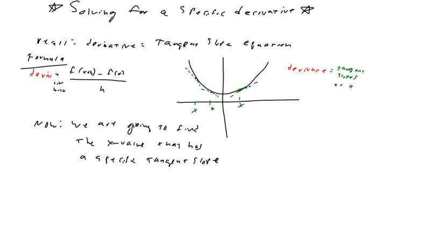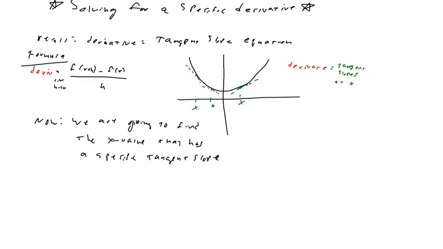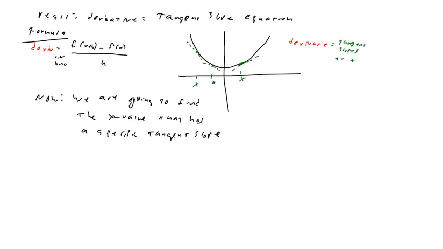We want to know where on this function that tangent slope exists. You're going to find the x value that has a specific tangent slope. That's our goal this time. Okay?